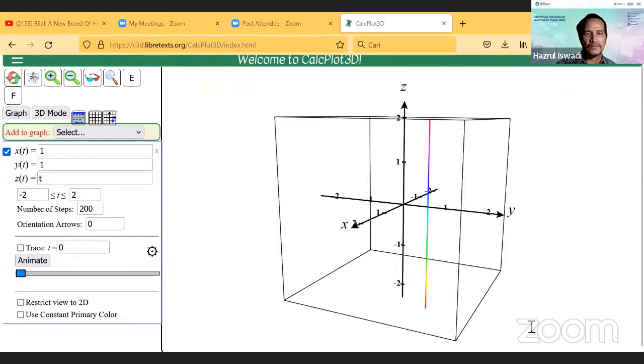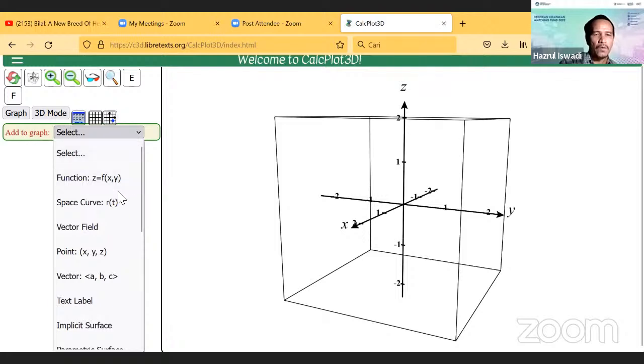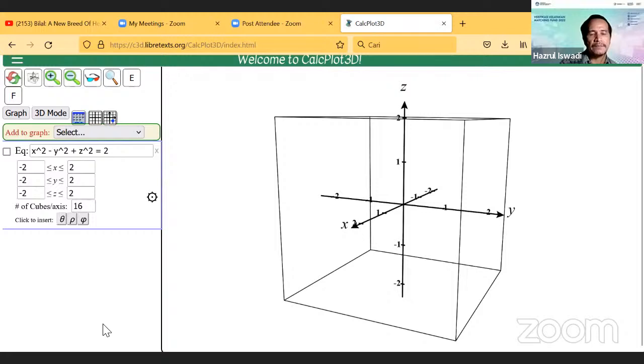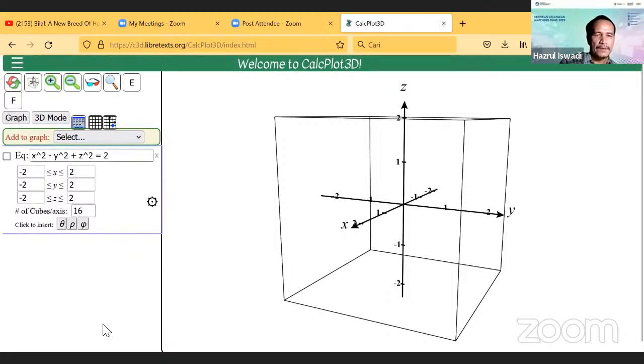This is the software Calculus Plot 3D, and we will draw the implicit surface, and we type the equation: x is equal to 1 minus y square.